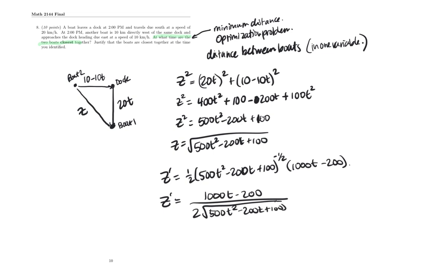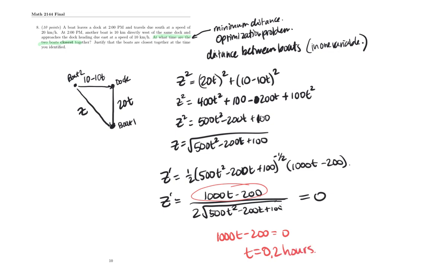Because that negative 1/2 power is a square root on the bottom. So if that thing is equal to 0, basically that is equal to 0 whenever the top is equal to 0. And so if I set the top equal to 0, I get t equals 200 divided by 1,000, which is 0.2 hours.